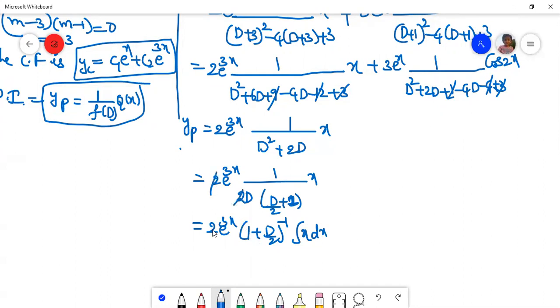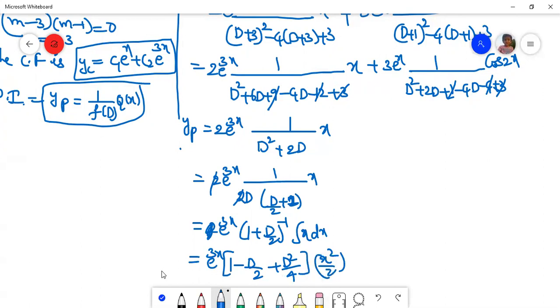These two cancel. It is equal to e power 3x into the integration of x, which is x square by 2. This is the function, and this expansion we can take up to second term: 1 minus D by 2 plus D square by 4.